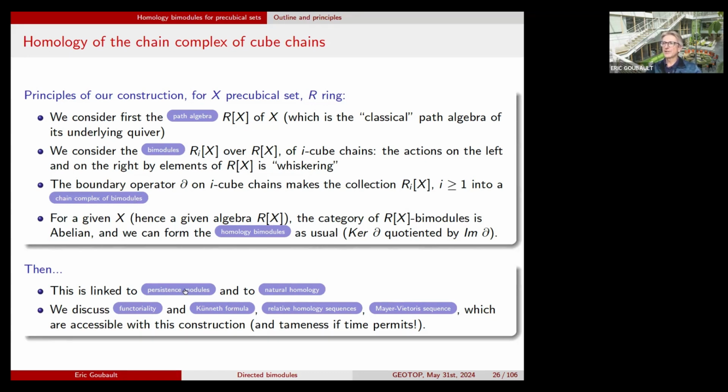And then for those who know persistence modules, these define persistence modules. This is linked to the former proposal of natural homology. And what I'm really going into in what follows after these definitions is to discuss functoriality and one homology sequence, the relative homology sequence, just to show you that there's an extra structure which is very important, which is that the change of base points is actually mirrored by a change of algebra and a change of coefficients underlying the construction.